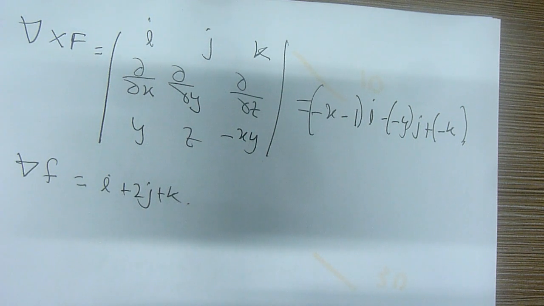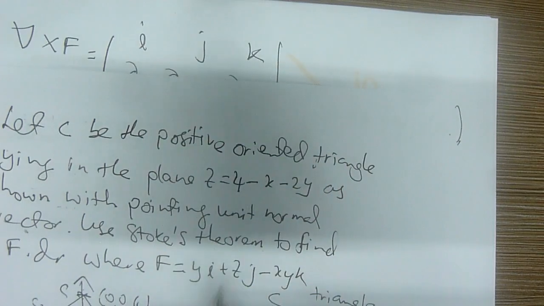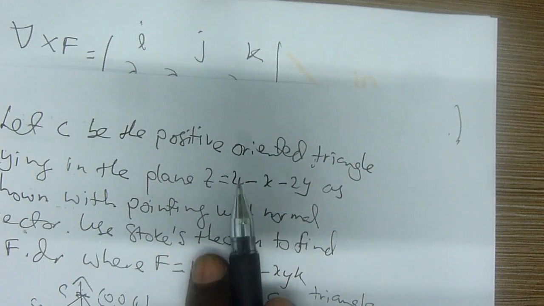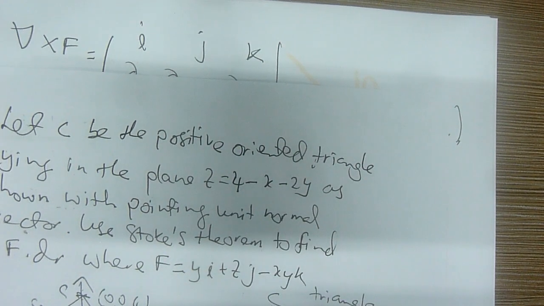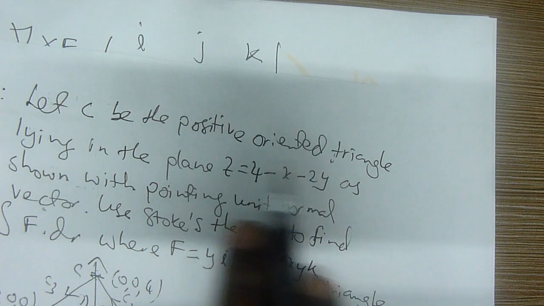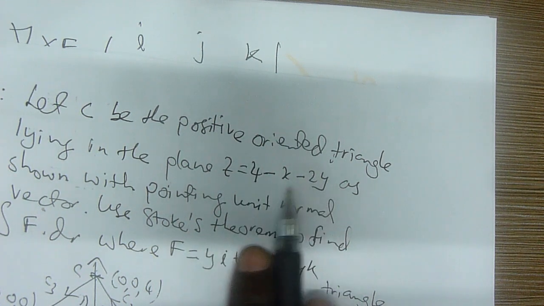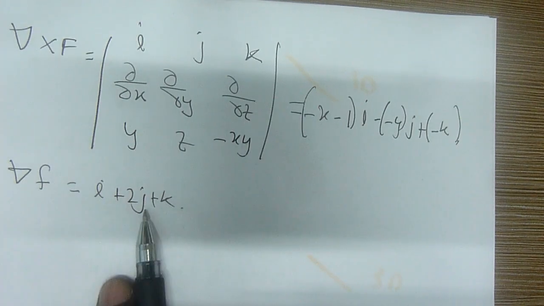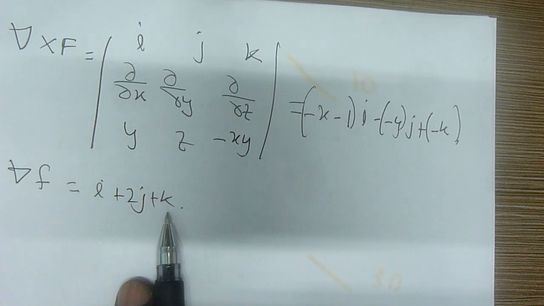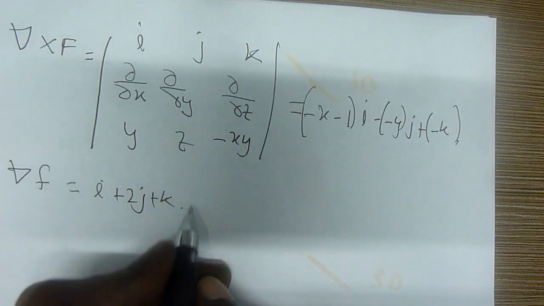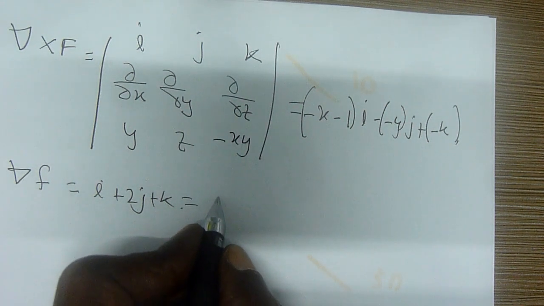You agree? How do I get del F? Don't forget, del F is this. This is the F, you need to bring everything into one side. You get i, 2j, k. Sometimes some of you may say, sir, please could you help a little bit further?